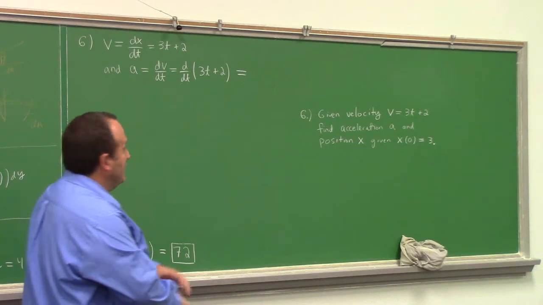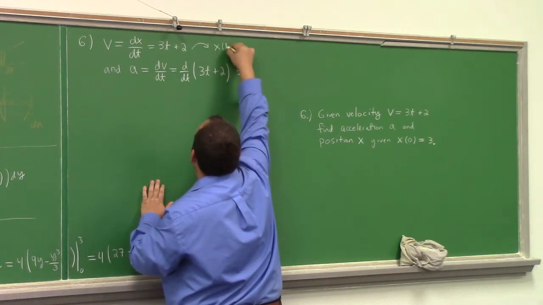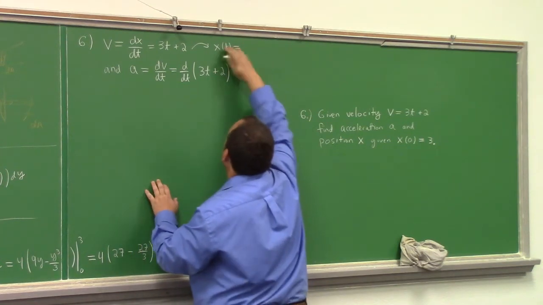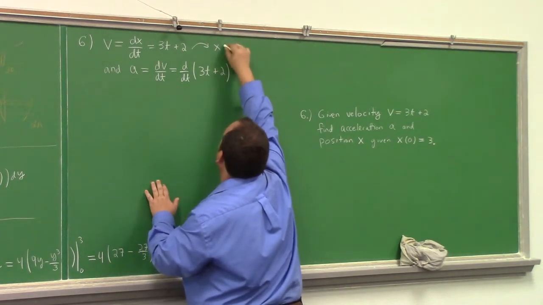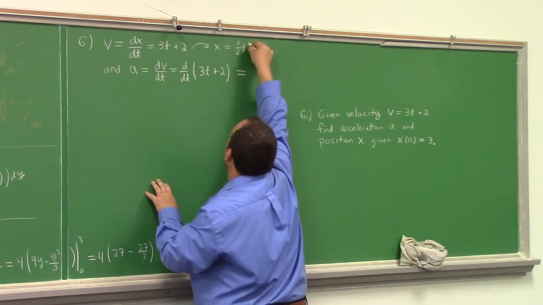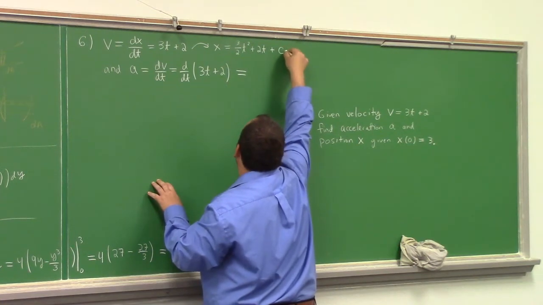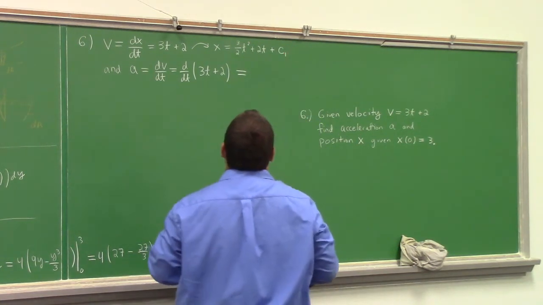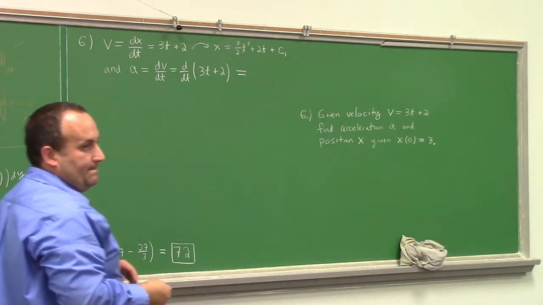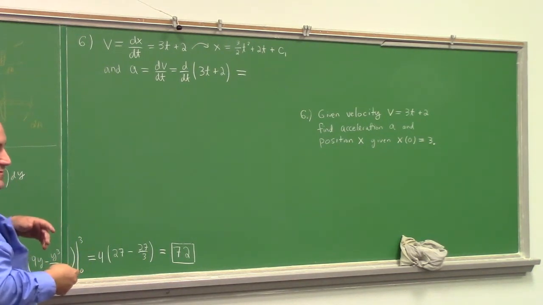You are integrating. So this would say that x of t, or I'll just write x, is equal to 3/2 t squared plus 2t plus some constant, if we take the antiderivative. That would be position as a function of time.